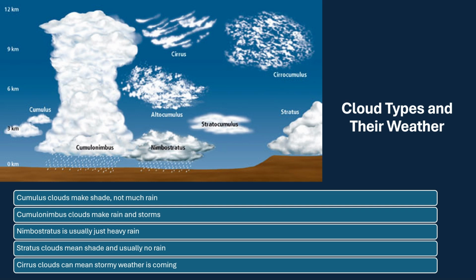Nimbostratus are right next to it. They're the dark, usually heavy looking clouds that produce kind of a heavy feeling atmosphere. It's like when you have those all cloudy days, and those can be heavy rain to intermittent rain. A little higher up you got stratocumulus clouds, which are kind of like cumulus clouds.